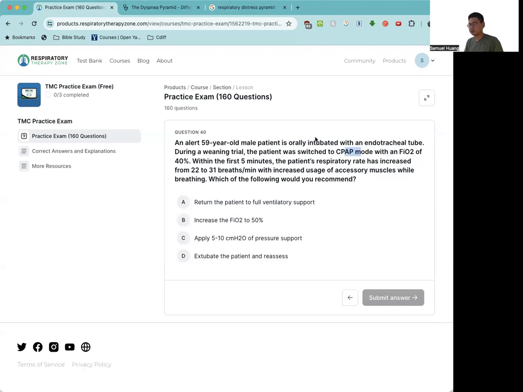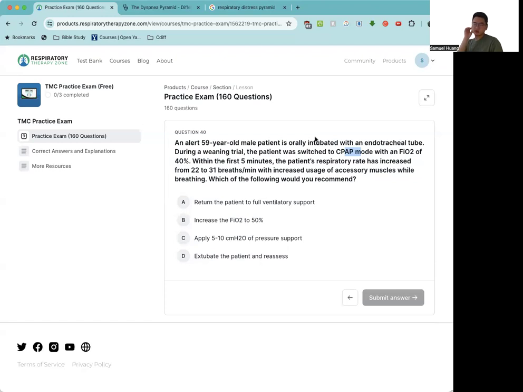With CPAP mode, you have inspiratory pressure as well as expiratory pressure. You have your pressure support too. 5 to 10 pressure support generally means you're giving a baseline PEEP of 5 with pressure support, so 10 over 5.